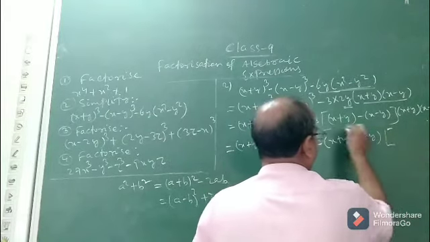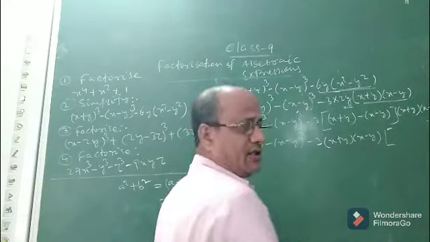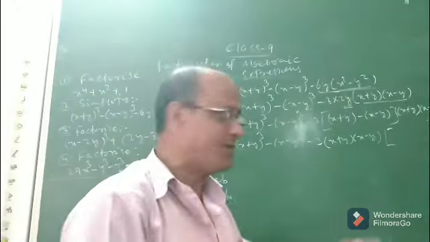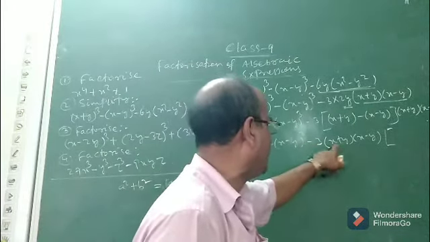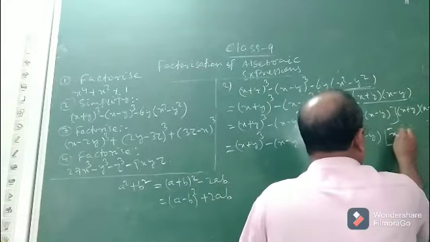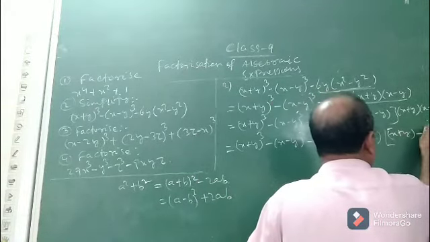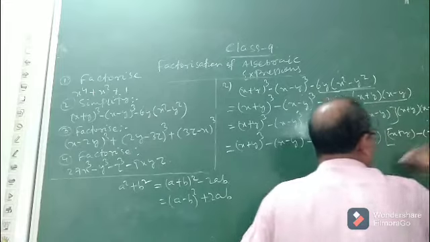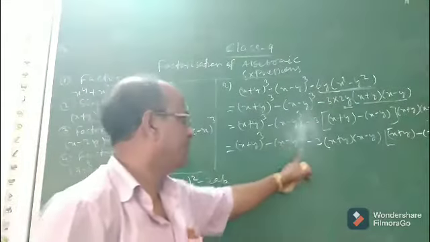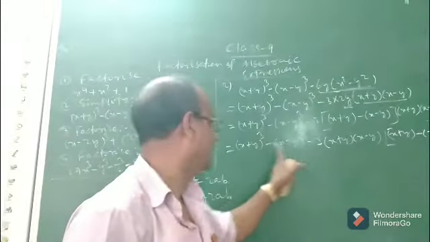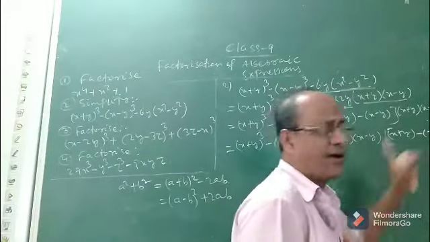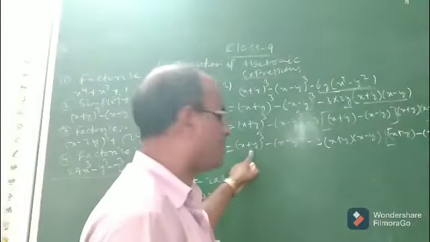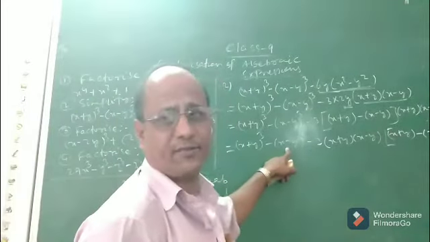Then 3ab into a minus b, you see: a cube minus b cube minus 3 into a into b into a minus b. See children, now it has come. Now it has come in the form of a cube minus b cube minus 3ab into a minus b, where a is equal to x plus y and b equal to x minus y.